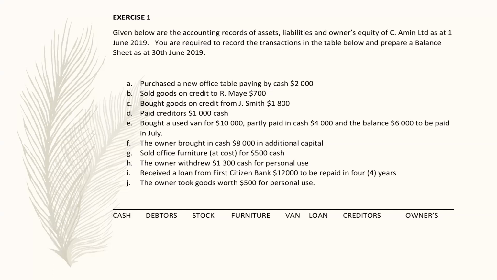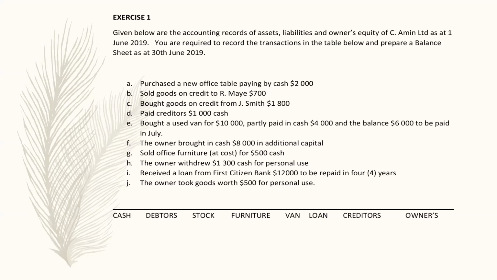Office table, which is furniture, and cash. So your cash is going to be reduced because you're paying by cash.